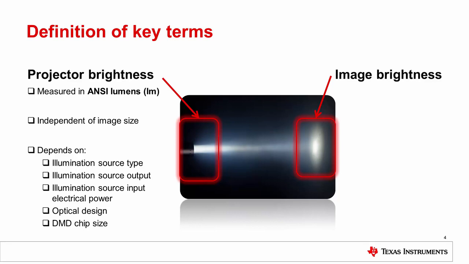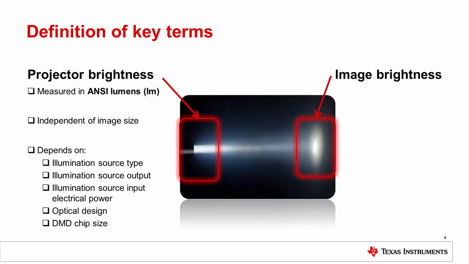Projection systems can include several different types of illumination sources, including lamps, LEDs, and lasers. Factors that impact projector brightness include illumination source type, illumination source output capability, illumination source input electrical power, optical design, and the DMD or digital micromirror device chip size.